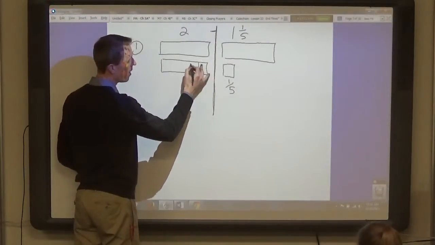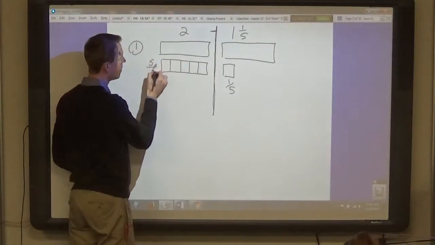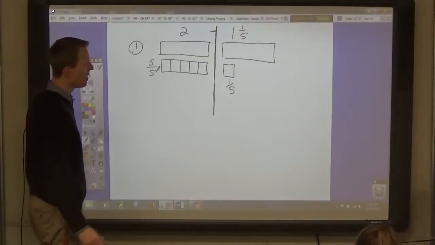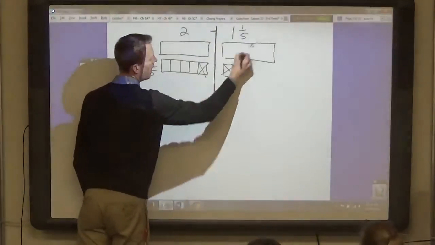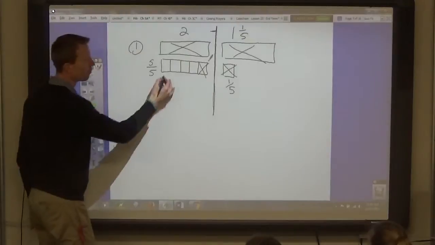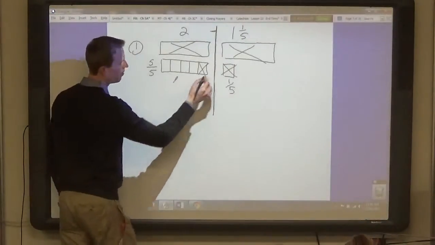So we draw 4 lines. 1, 2, 3, 4. This is 5 fifths. And then cross out one of those and one of those. And what are we left with? 4 fifths. Yep.